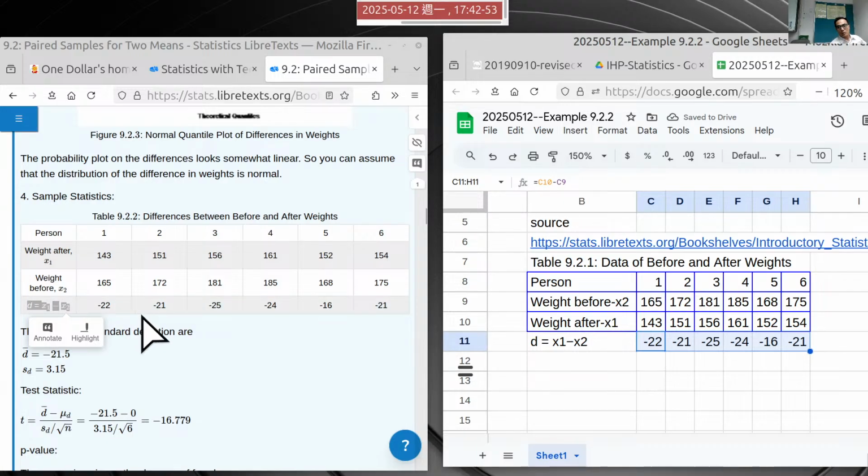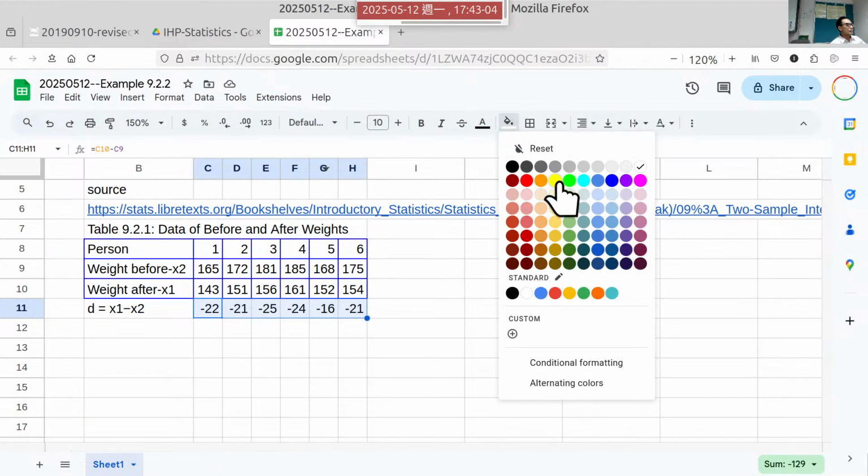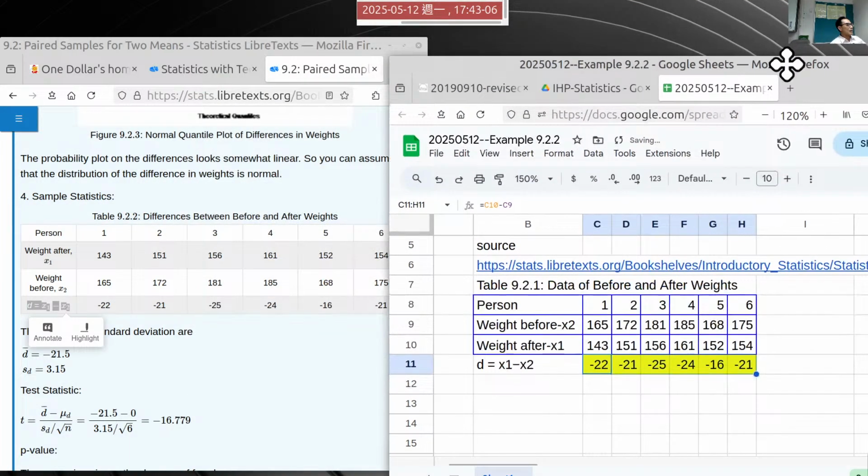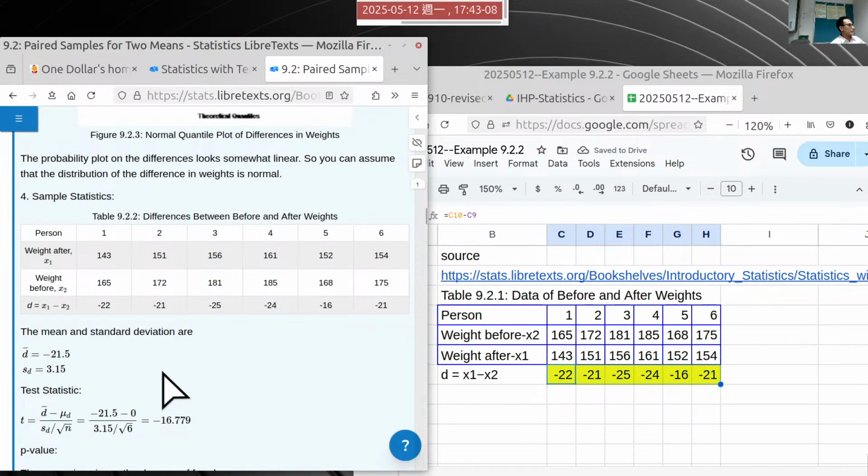Minus 22, minus 21, minus 25, minus 24, minus 16, minus 21. So we already have the first information here. Okay, next. The mean and standard deviation are here. The D bar is the average of this one. We can type here.